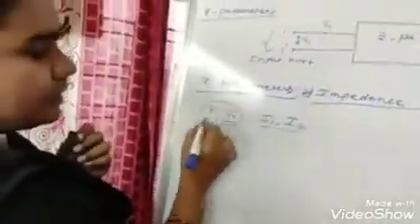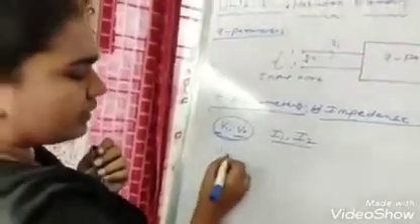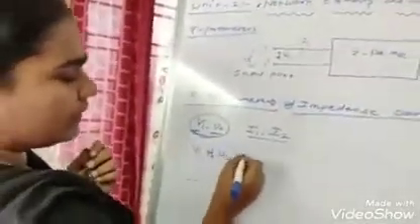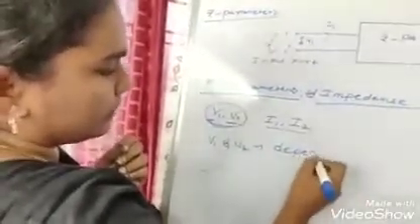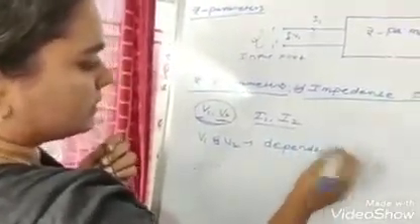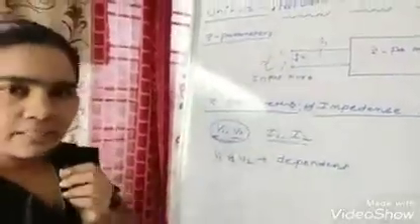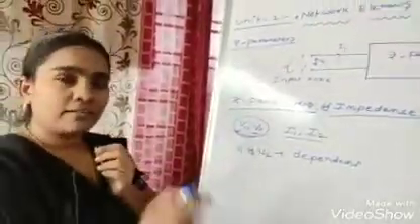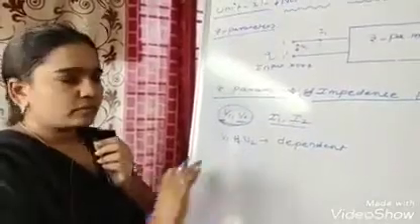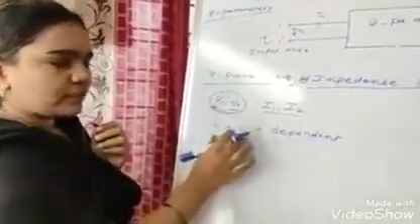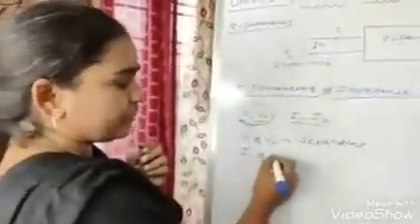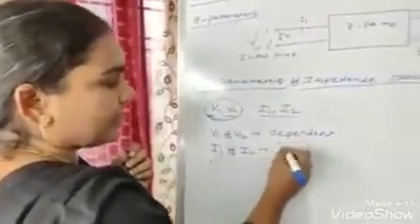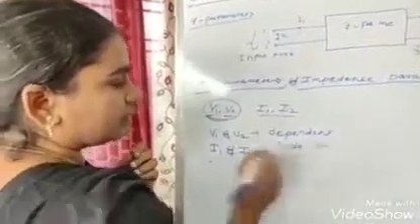In the case of Z parameters, V1 and V2 are the dependent parameters. I mean V1 and V2 depend on the other parameters, so they are not independent. I1 and I2 are the independent parameters.